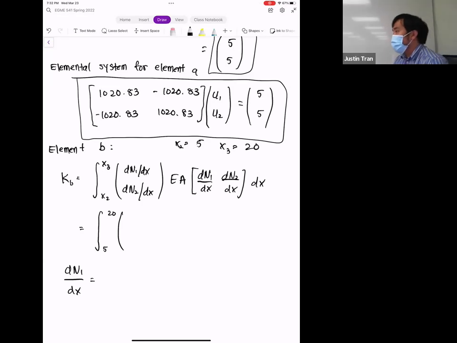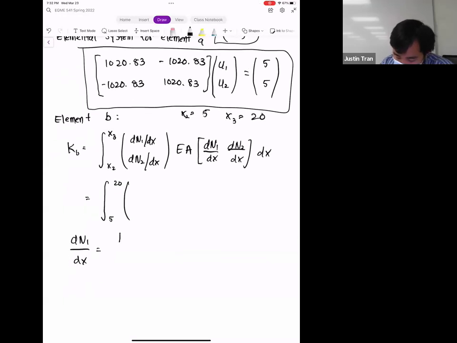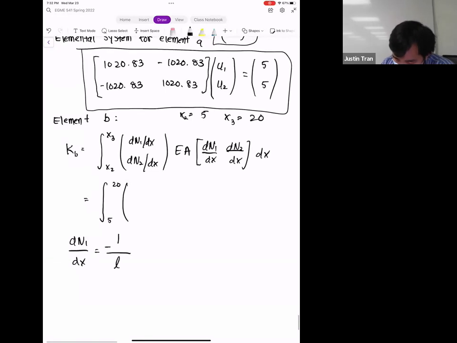We know from before that dN1/dx was equal to 1 divided by x1 minus x2. Another way to formulate it, which in my opinion is a bit more convenient, is that dN1/dx is minus 1 divided by the length of the element.